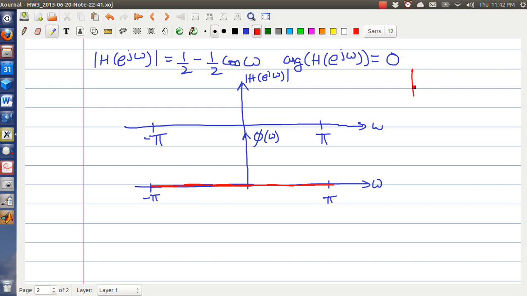We know that the cosine omega has the shape, it's 1 at 0, 0 at pi over 2, and minus 1 at pi. We are multiplying it by negative half and adding half to it, so the result looks like, multiplying it with negative half gives us something like this.